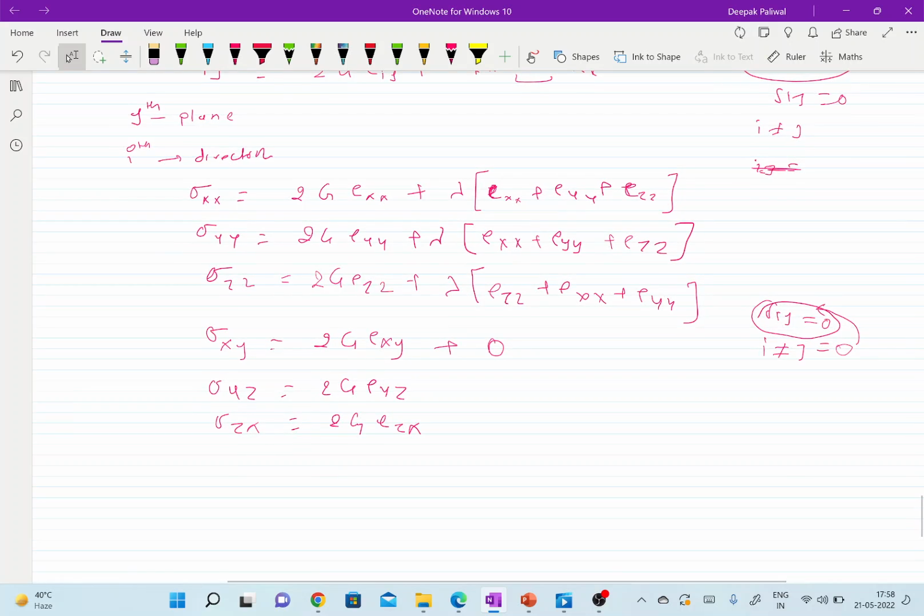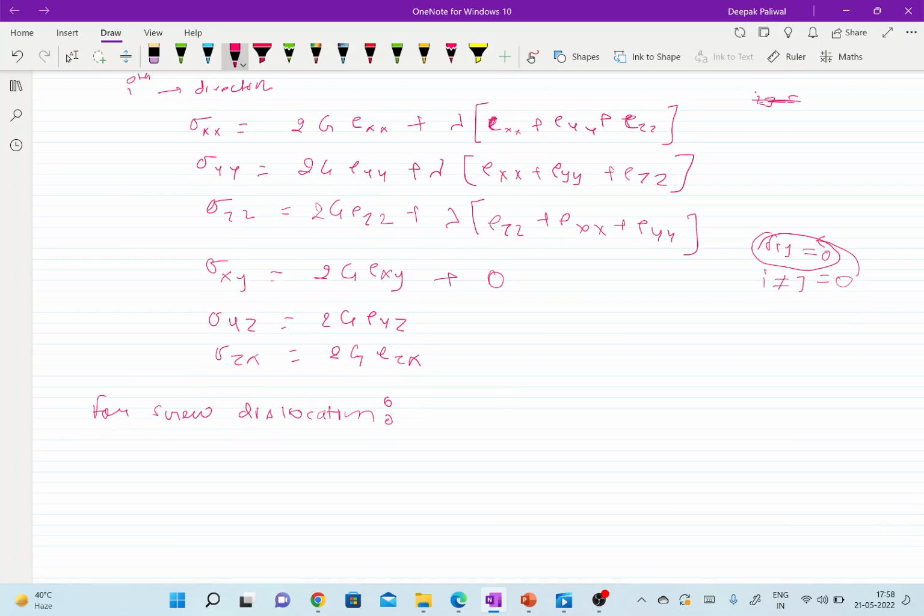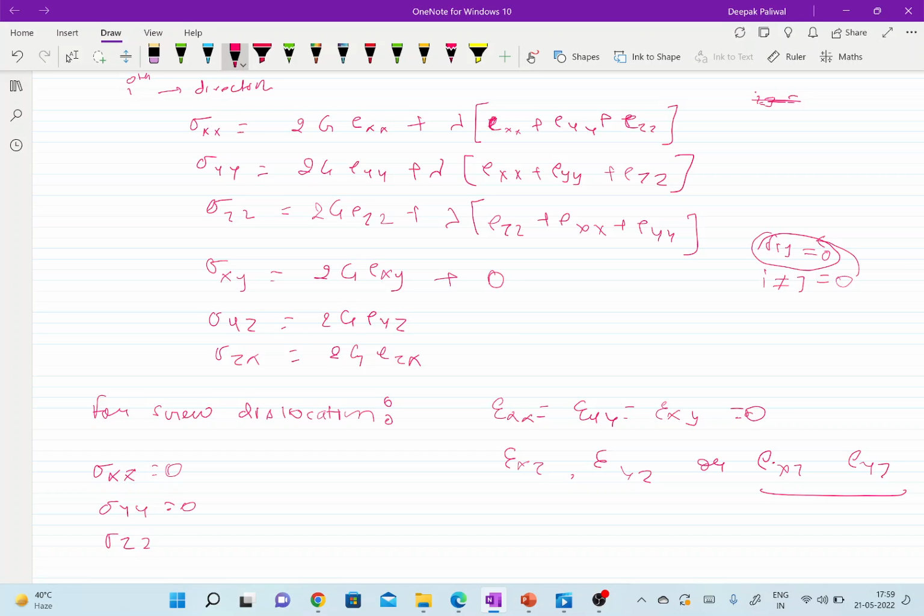Now for the screw dislocation, we know the strain values exx, eyy and exy are all equal to 0. We have only exz and eyz. So sigma xx will be equal to 0, sigma yy also 0, sigma zz equal to 0.